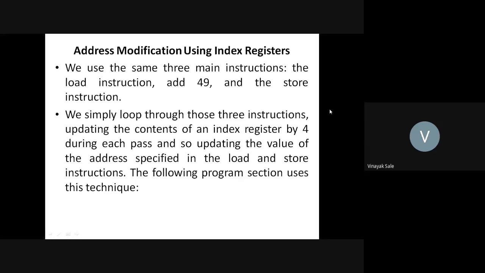We simply loop through these three instructions, updating the contents of the index register by 4 during each pass, and updating the value of the address specified in the load and store instructions. See this example.